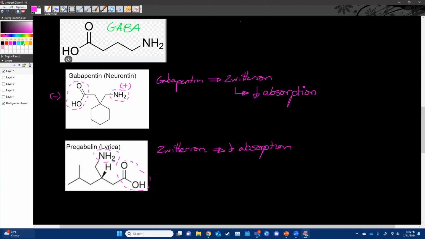But what we have going on here is that we're adding this isobutyl group. And I don't have any way of confirming this, but I'm pretty sure that pregabalin was just a way to grab a structure and hold on to it. I think they were taking gabapentin and just using the utility of it.